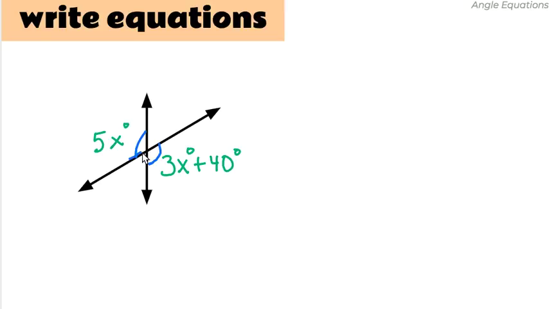A little reminder here, we have an obtuse angle and another obtuse angle. It's a clue that they're going to be equal, especially when it's two lines intersecting. So 5x equals 3x degrees plus 40 degrees. So that's our first step. The first step in getting any of these done is to figure out what the equation is in the first place.